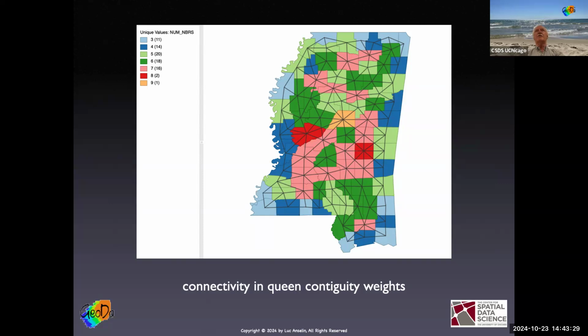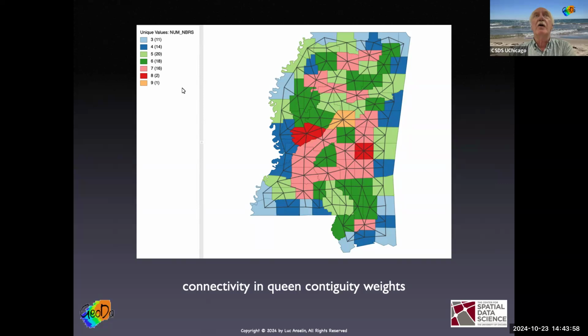That's the number of neighbors. So if you have a weights matrix, it basically tells you for each location, what are the neighbors, right? Some locations have 3 neighbors in this Alabama or Mississippi example, but some have 9 neighbors. It's not the same. And in GeoDa, you can save this, you can map it.